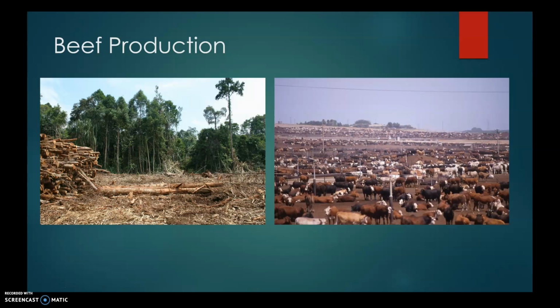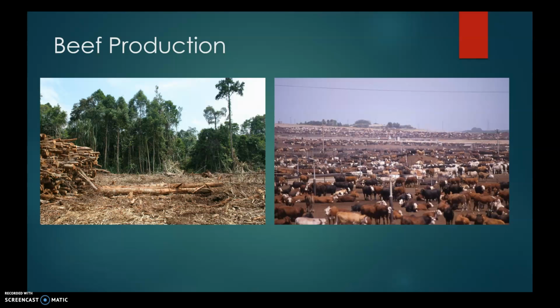And beef production contributes significantly to methane production. And methane is a greenhouse gas. And half of the emissions from the food and agricultural sector is emitted through these CAFOs, these feedlots. Also, beef production, these cattle need large areas to roam.